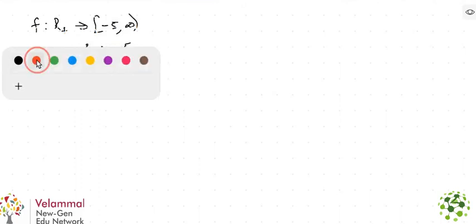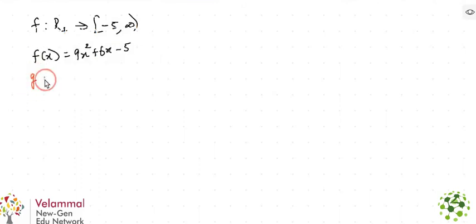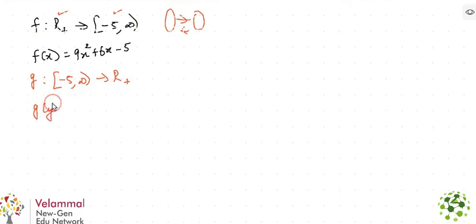Now we are going to define the function g. G is from where? Because f is from here to here means g will be from here to here. So g is from negative 5 comma infinity to R plus, and what is g of y defined as? Just now we calculated the inverse, square root of y plus 6 minus 1 divided by 3.